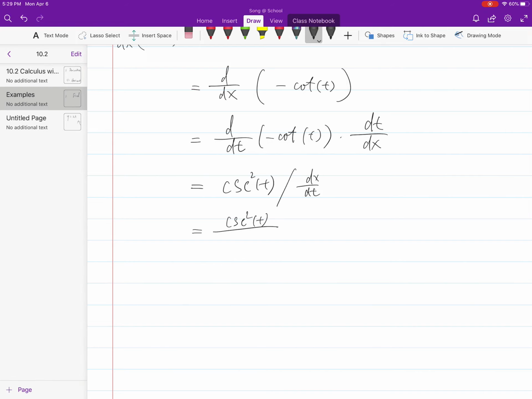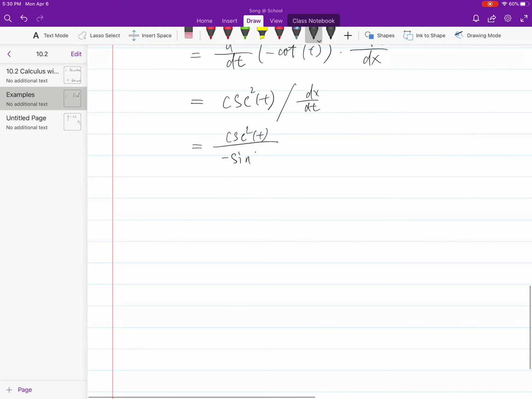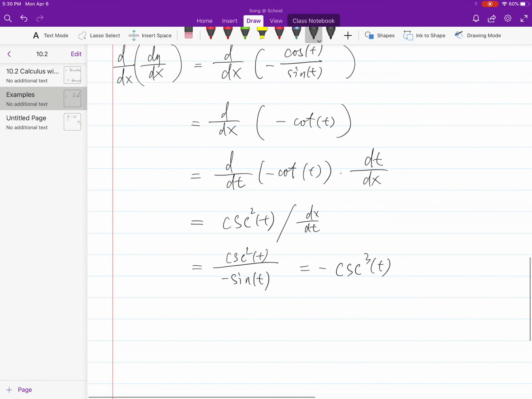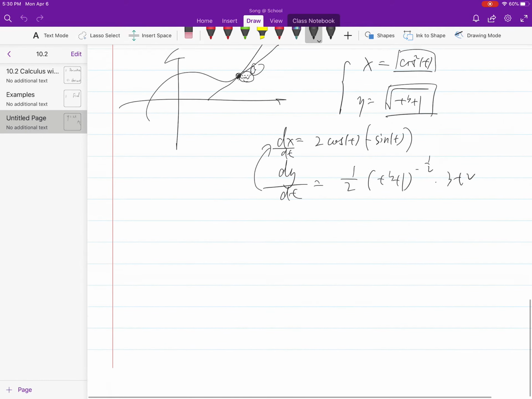And we know dx over dt is nothing but what we did before, negative sine t. Up to here, we find the second derivative: negative cosecant cubed t. And now if you want to know the second derivative at which location, just plug in t. Okay, so it's done.